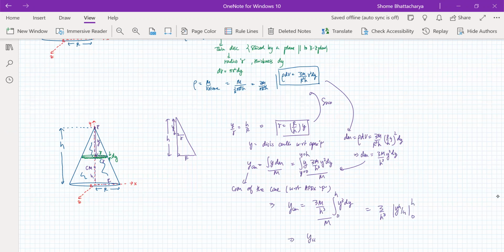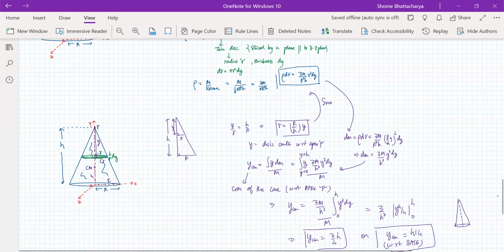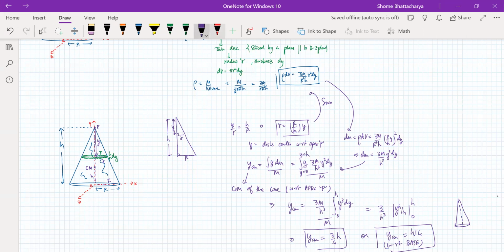So the y coordinate of the center of mass with respect to the apex will come out to be 3 by 4 h. Or you can say that y center of mass with respect to base will be h by 4. And as I was telling you earlier, it might be somewhat surprising that the position of the center of mass does not depend on the radius.